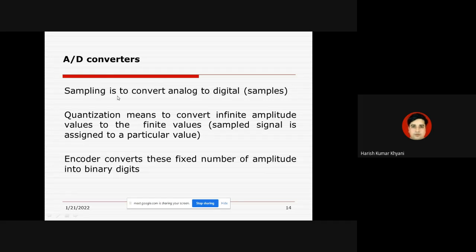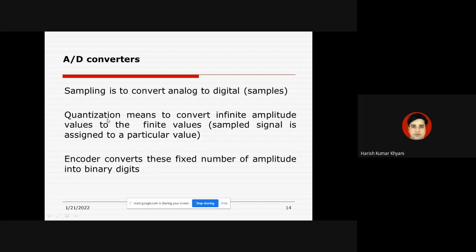One is sampling. Sampling is to convert the analog signal into the digital, nothing but the samples. Quantization means to convert infinite amplitude values. We know that the analog signal has infinite values at different times. It is continuous in nature, so theoretically it has infinite resolution.